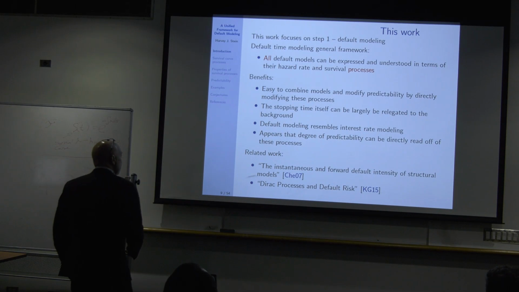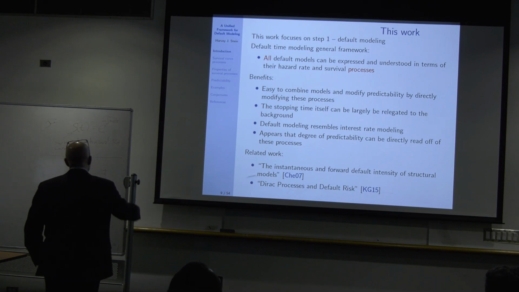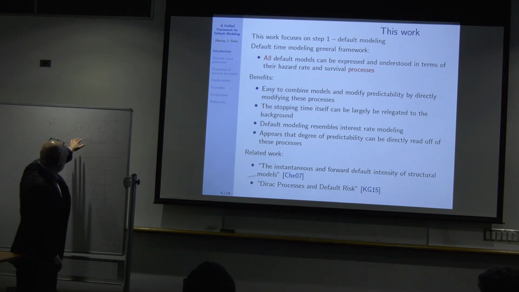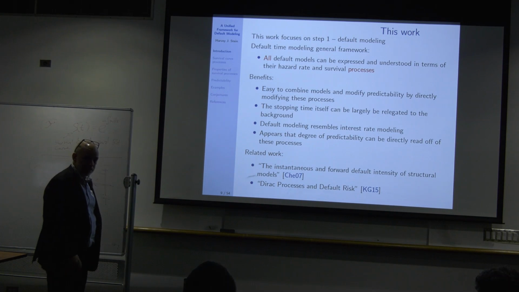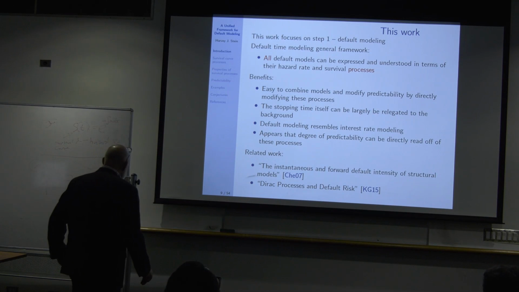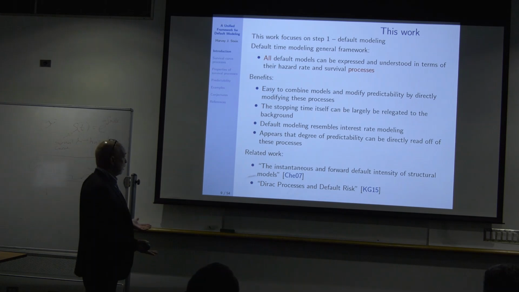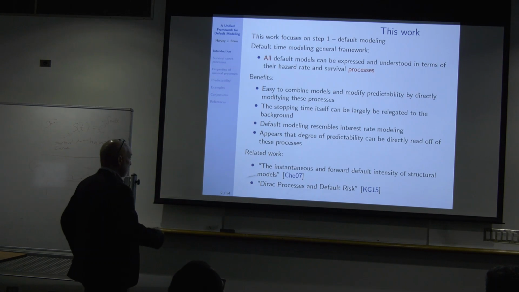The idea is going to be that all default models can be expressed in terms of this sort of reduced form framework. Not with a survival curve, but with a bunch of survival curve processes. What this does is it gives you the same mathematical framework for expressing all these models, and then you can start comparing them, combining them, and analyzing them.